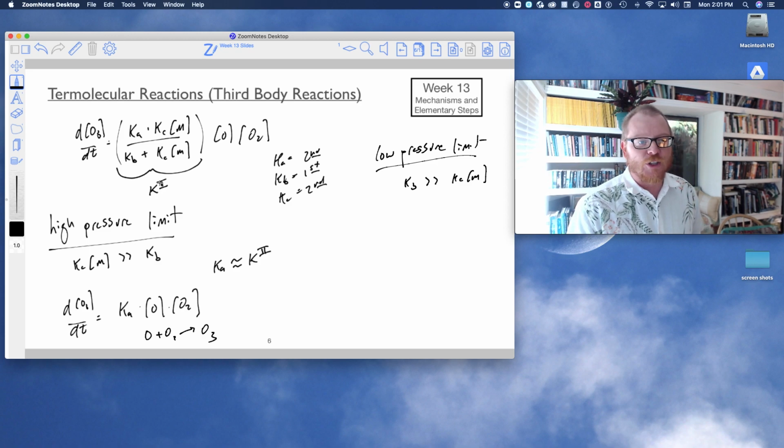All right, and so now under this reaction right here, what ends up happening is the following. Let's see here. So all of that ends up becoming dO3/dt equals. So now I can effectively ignore this KcM, right?